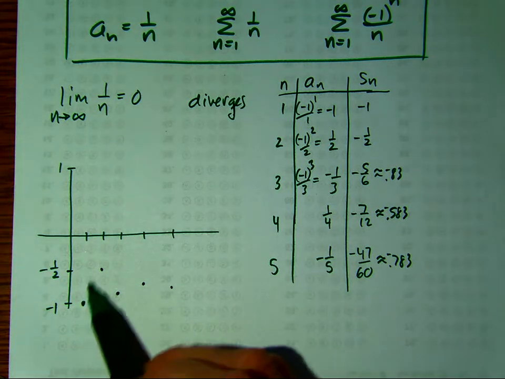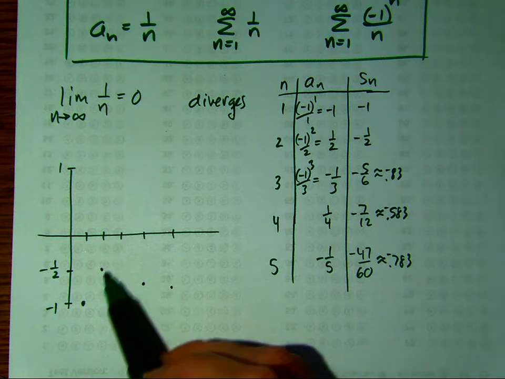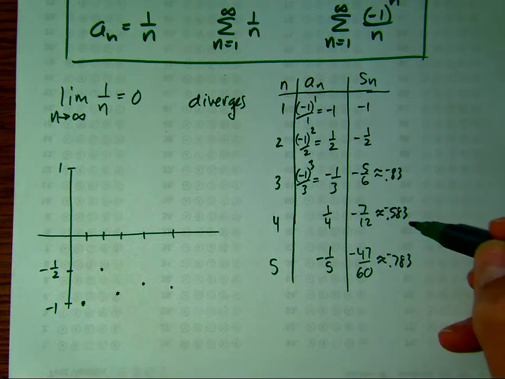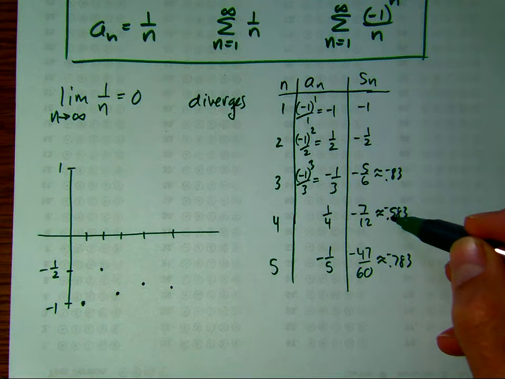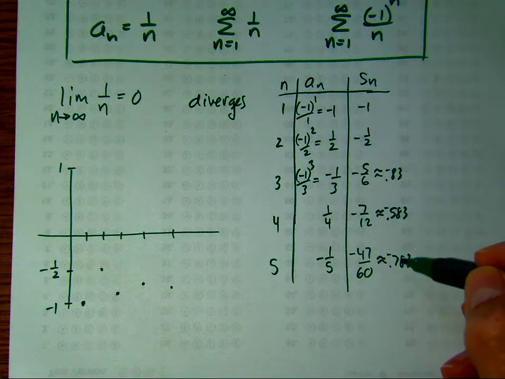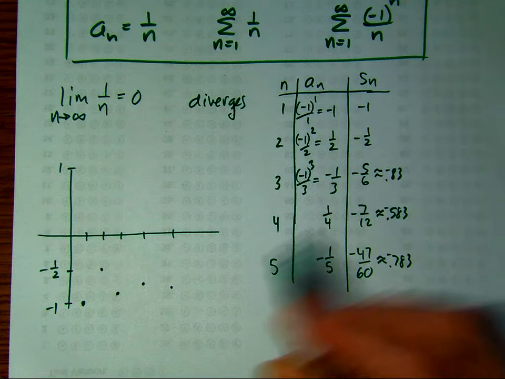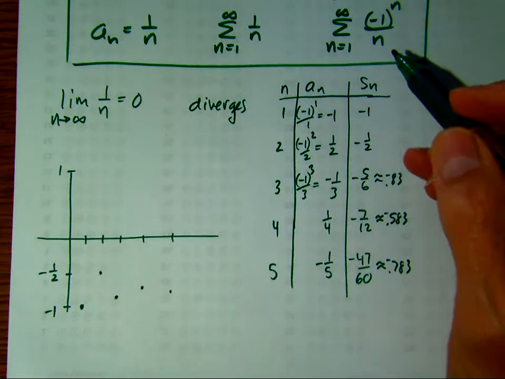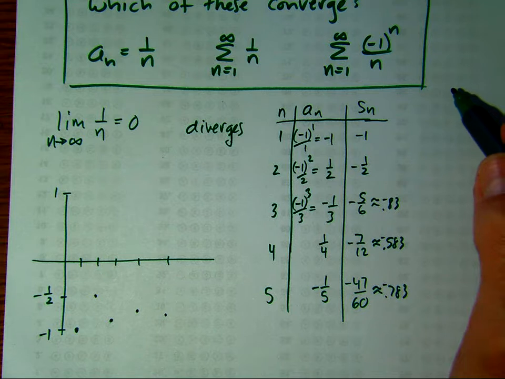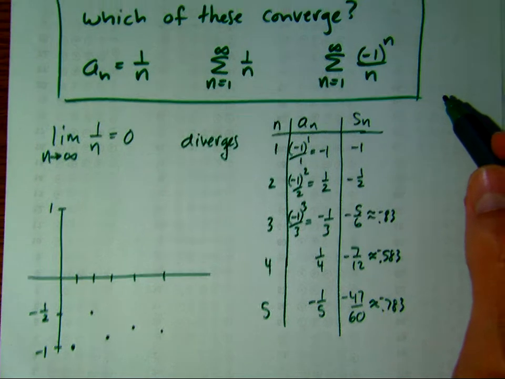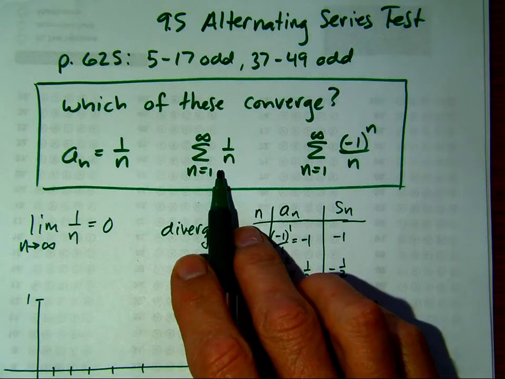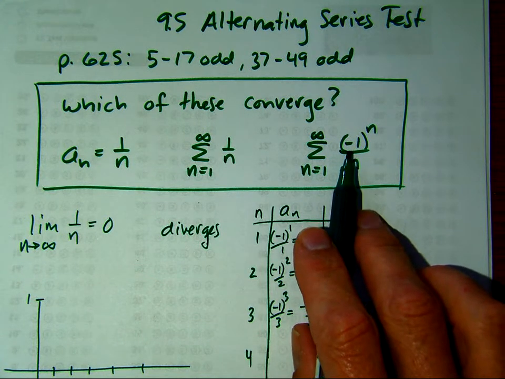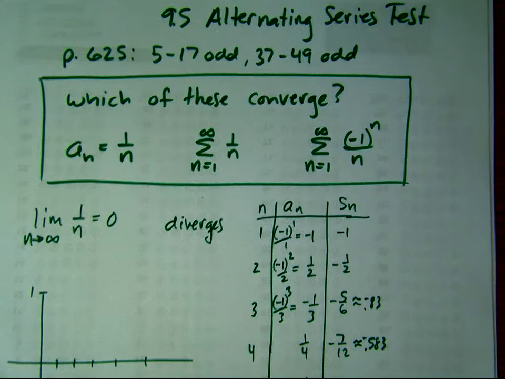So it is converging toward some value right there, somewhere between -0.6 and -0.75. But we can see that it is converging, and that leads us to the alternating series test. This harmonic series diverges, but once we start making the sign alternate, then it's going to converge.